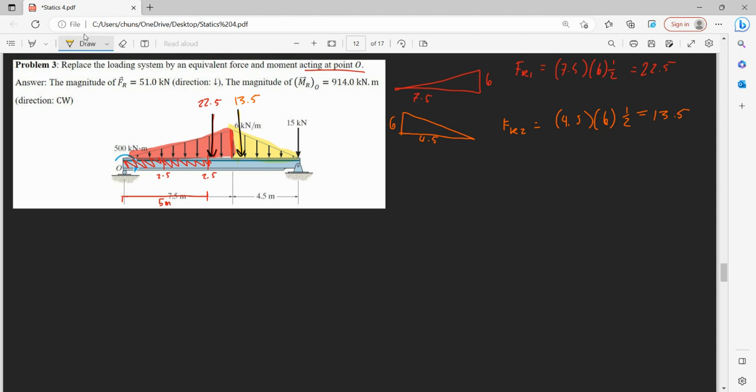Now we can do that with our other one. Let's divide our sections into thirds. So 4.5 divided by 3, each one is worth 1.5.